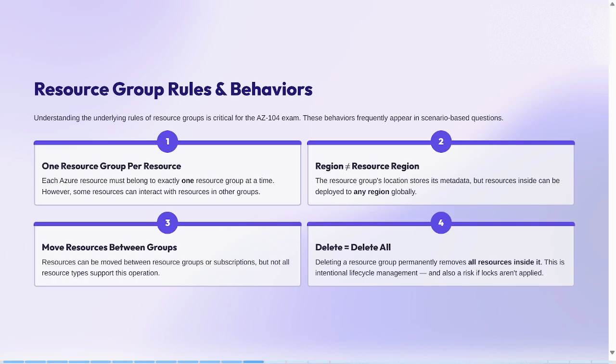When you create a resource group, inside you will create VMs. If you want to delete that test environment, you can delete that resource group so that all the resources inside it will be deleted. This is why administrators use resource locks, role-based access control, approval processes, and proper governance.